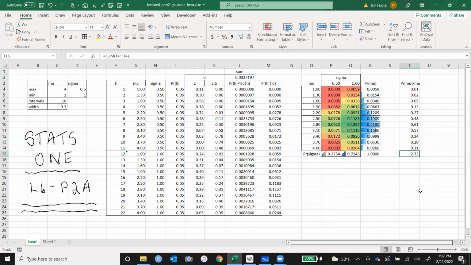And let's give that 2.73 as the average in this system, given all of the assumptions, including numerical assumptions. The big numerical assumption is 10 intervals, 11 nodes for mu. Twice over makes it 22 pairs of mu and sigma, and only 2 for the sigmas.